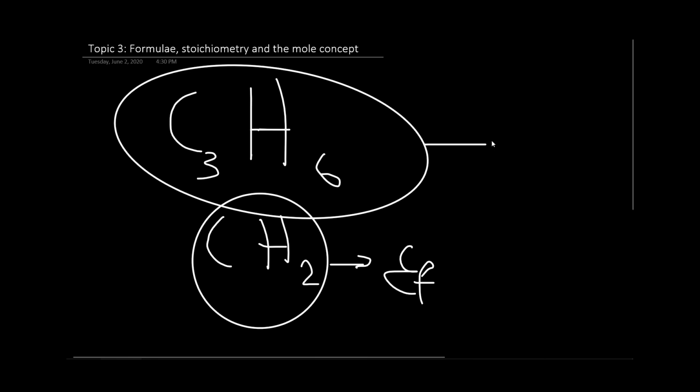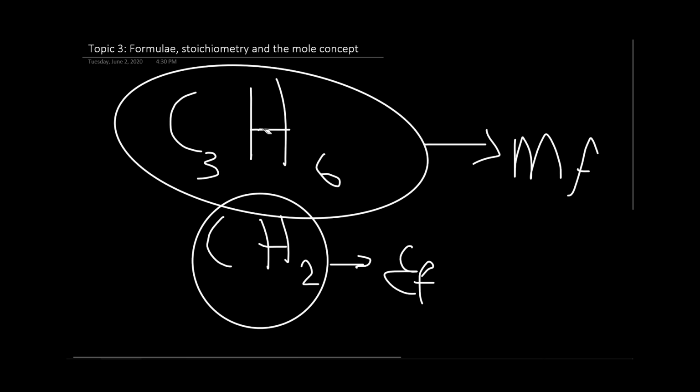So C3H6 is our molecular formula, and the simplified version of the molecular formula gives us the empirical formula, right? So the simplified version of MF leads us to EF. I hope I can clarify one last time: this molecular formula, when broken down or simplified, will give us the empirical formula. I hope that's pretty clear, right?